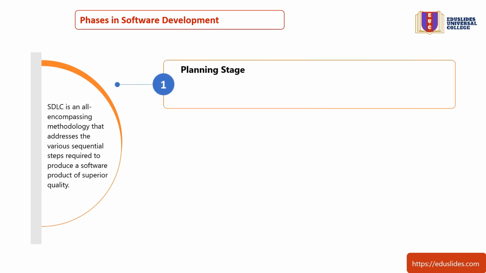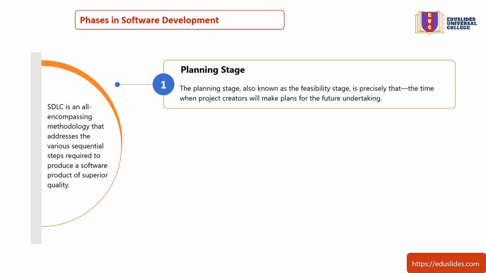Stage 1. Planning stage. It is good to take your time and fully grasp the app development lifecycle before you even start the planning step. The planning stage, also known as the feasibility stage, is precisely that, the time when project creators will make plans for the future undertaking.